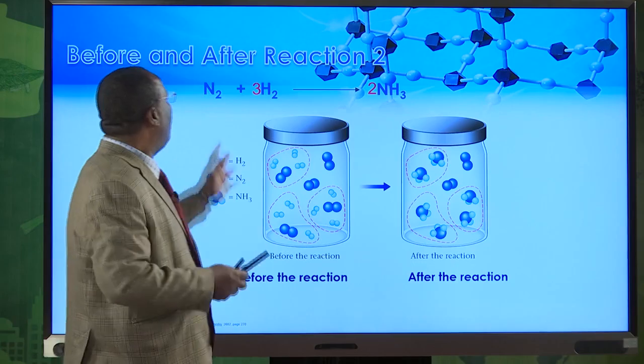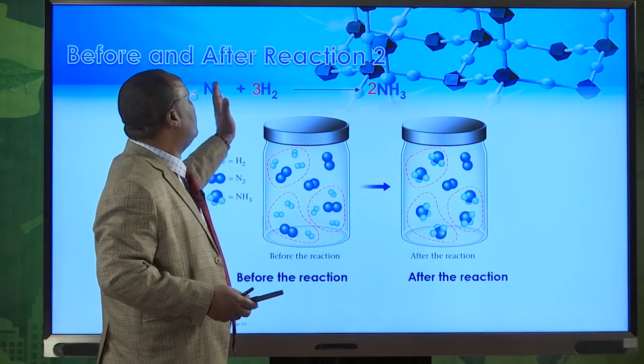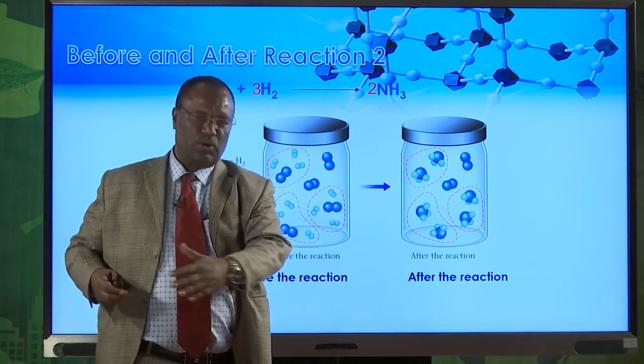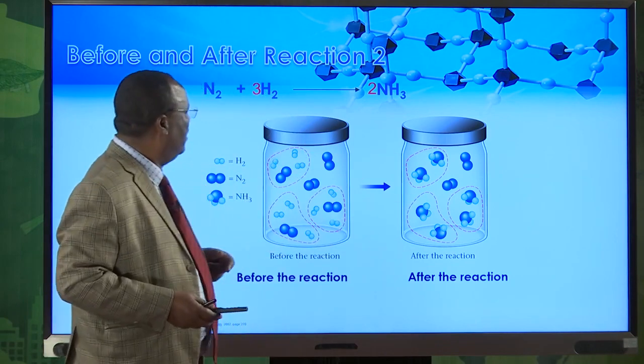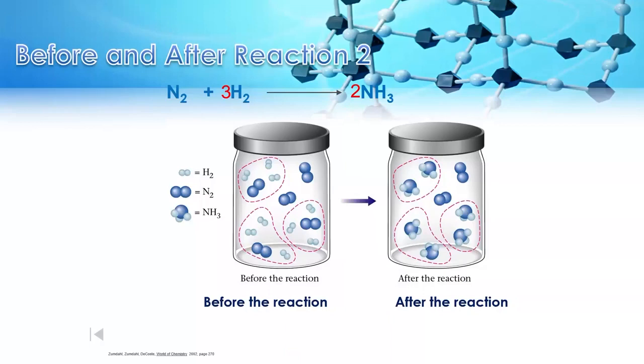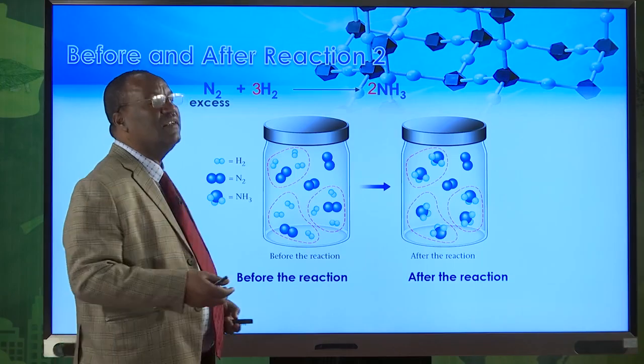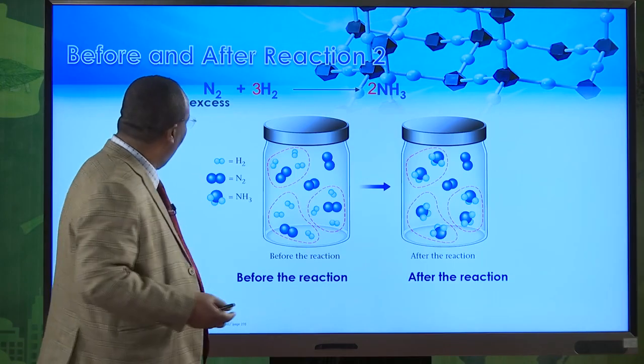This is balanced. 1 molecule of nitrogen must combine with 3 molecules of hydrogen, according to the figure that you are seeing here. So before the reaction, after the reaction, nitrogen molecules remain because of the scarcity of hydrogen. So nitrogen is the excess reactant.